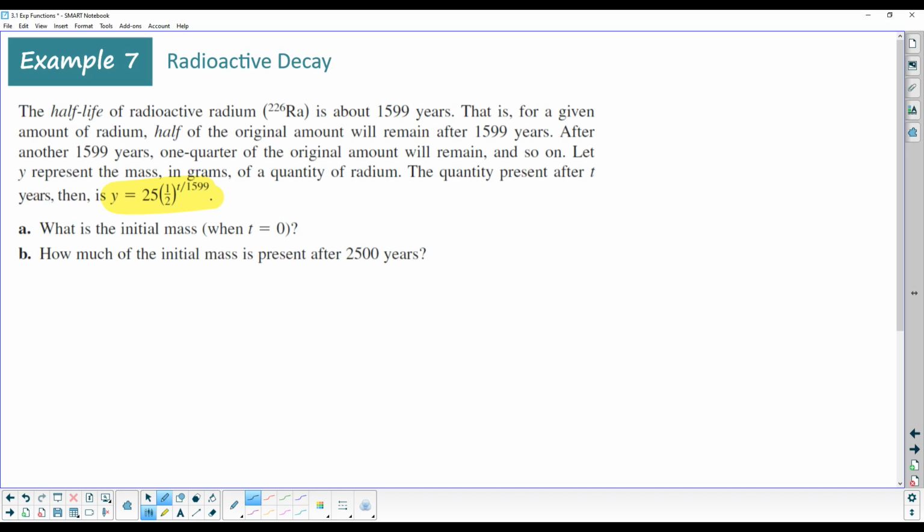Initial in word problems means time 0. It means the starting time. So we're just going to sub in 0 for t. So it's 25 times 1/2 to the 0 divided by 1,599 power. The power is 0. Half raised to 0 power is 1. So the answer is 25.